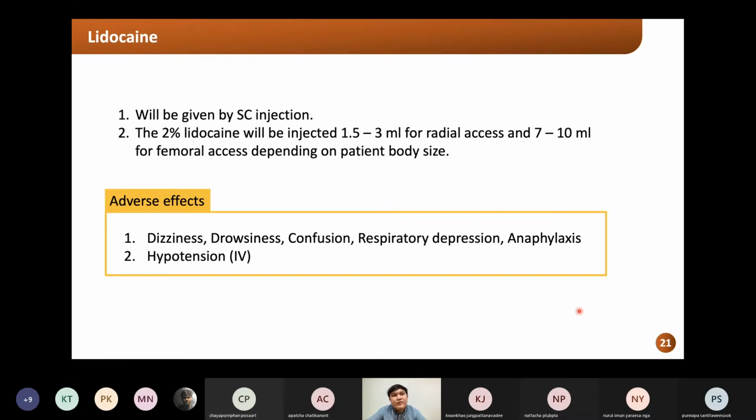And we move to lidocaine. Lidocaine is a local analgesic, right, to relieve pain, counted as a topical agent.